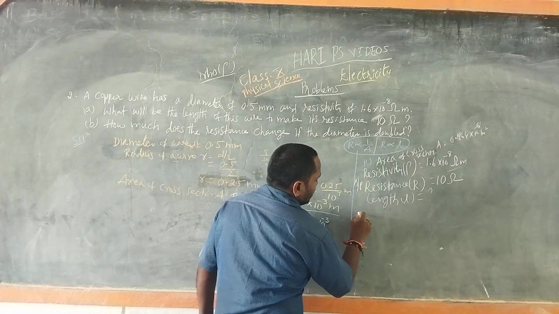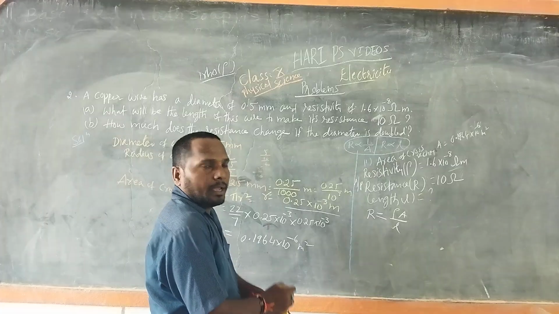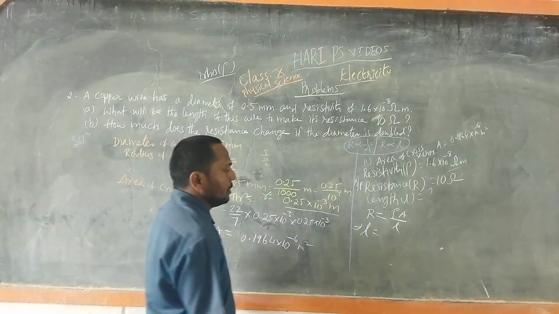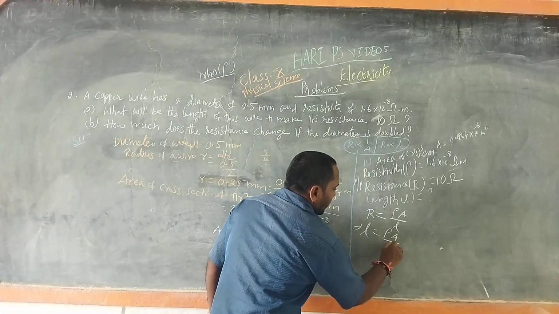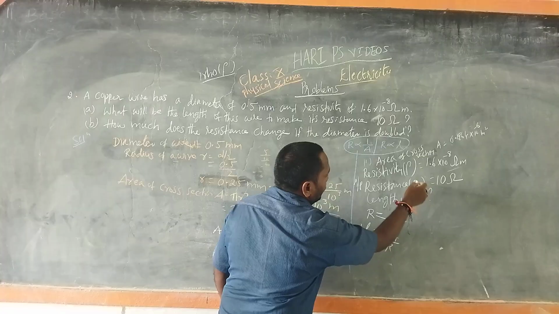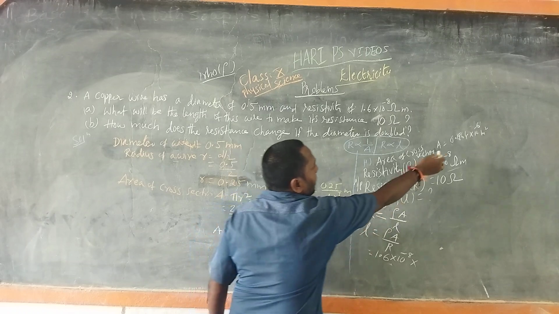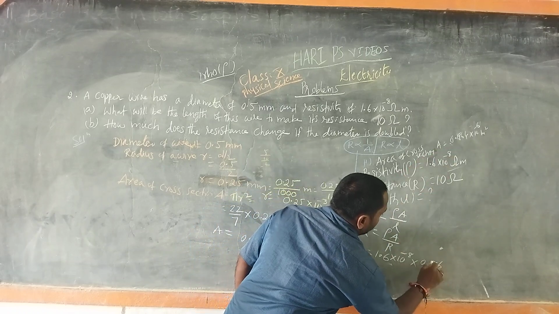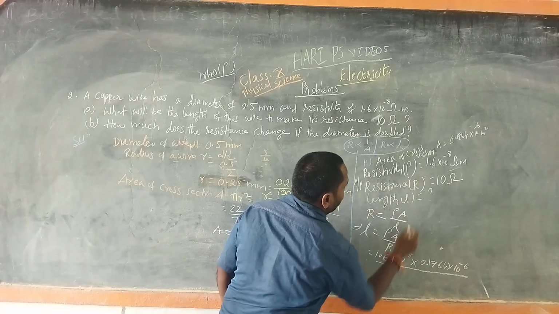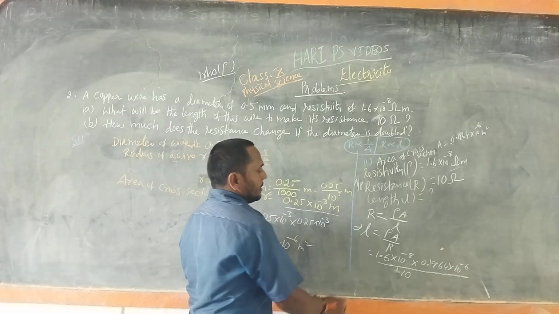As we know, R is equal to rho A by L, so from this you can write length L is equal to rho A by R. Then substitute the values: rho is 1.6 into 10 power minus 8, into area 0.1964 into 10 power minus 6, by resistance 10.